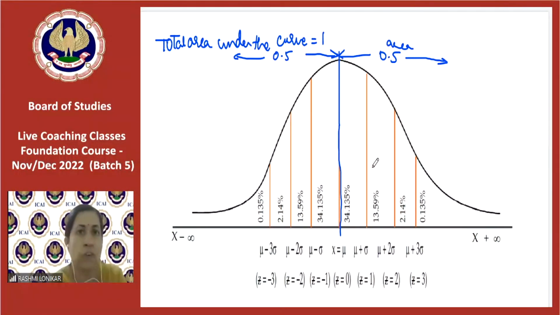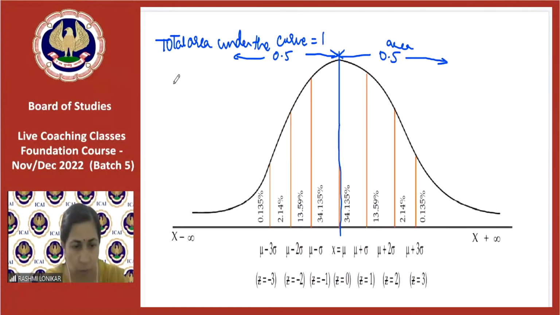Now as I move away from the mean, there is variation, and I want to know how much deviation there is. So first I move one standard deviation: on the left I go to x minus sigma, and on my right it is x plus sigma. So what happens if I move one deviation, two deviations, three deviations? That's what we are considering.